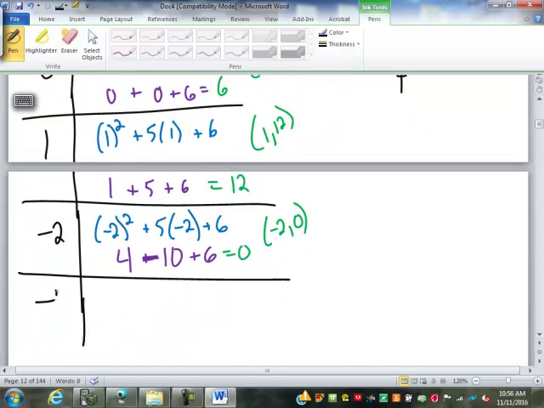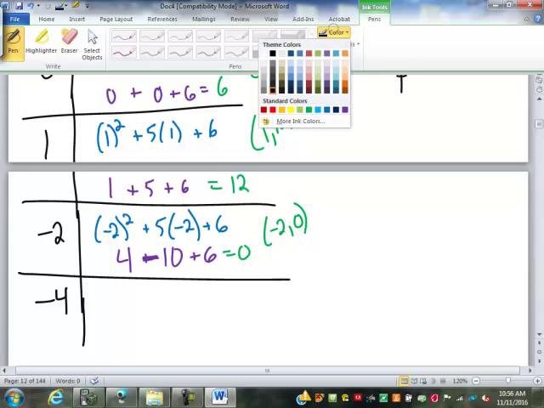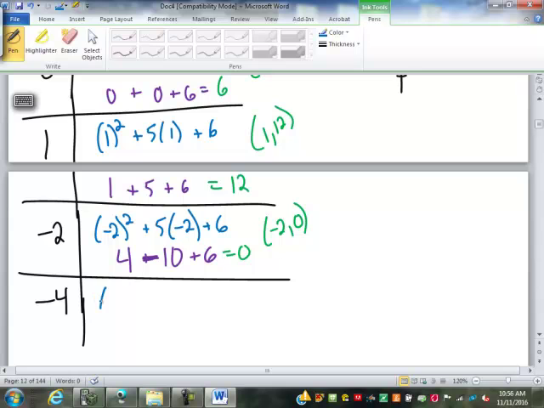We said x is negative 4 is the next one we're going to try. So if x is negative 4, we've got negative 4 squared plus 5 times negative 4 plus 6.